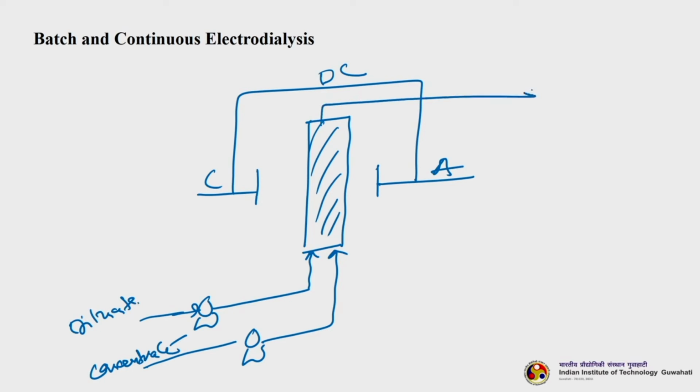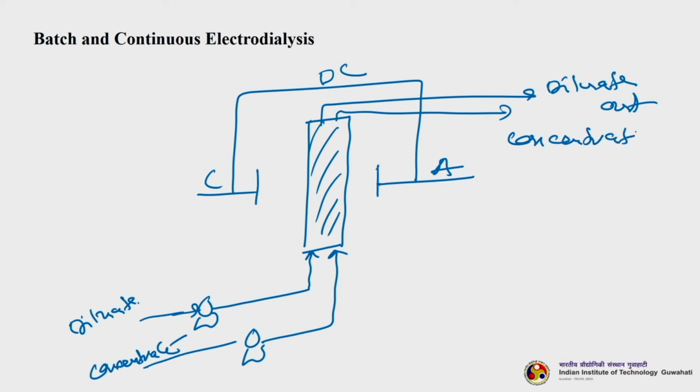So, you will get a dilute out here and concentrate out here, and this is in and this is in. So, this is the continuous mode of operation, it is easy to do that. Now, your stack design and other operating parameters will eventually decide whether you will go for a batch system or a continuous system.